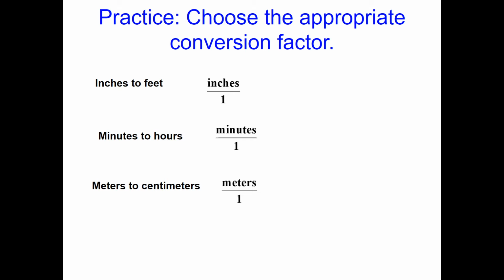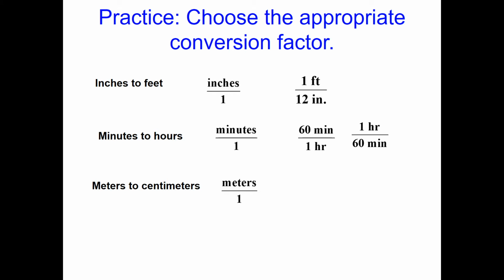So choosing the appropriate conversion factor. If you want to do inches to feet, you're going to want to put inches on bottom. So 1 foot divided by 12 inches will cancel out the inches. So it would be that one.